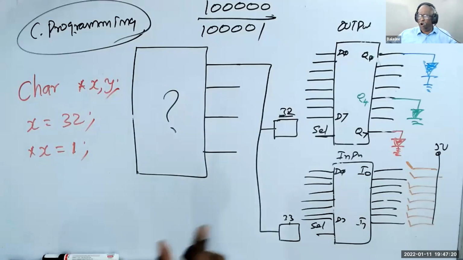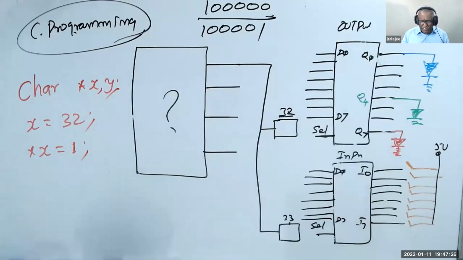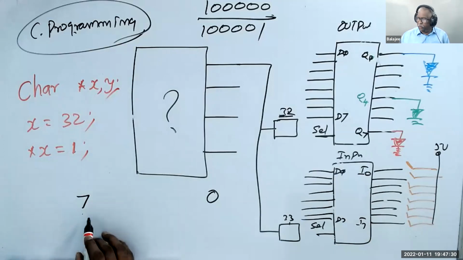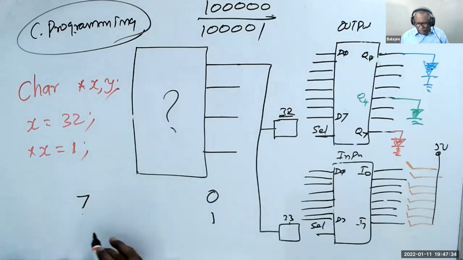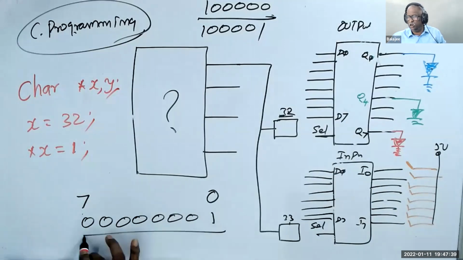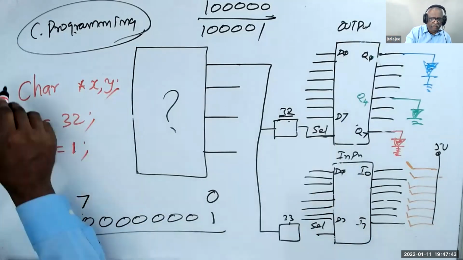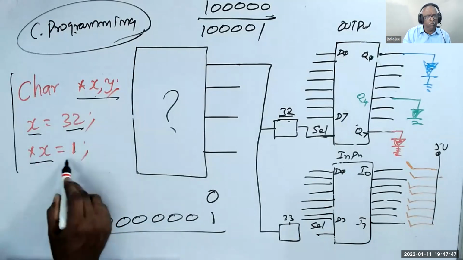Now, if I wanted to on the blue LED, this is simple. I have 8 bits. 7 is the MSB, 0 is the LSB. Now I want the blue LED, that is the LSB bit. So 1, all the other bits 0. And I want output. The output address is 32. I say here, C program, X is 32, *X is 1.